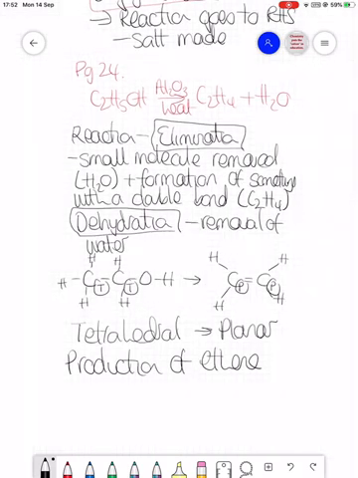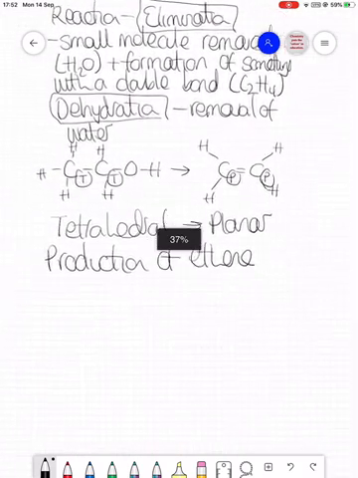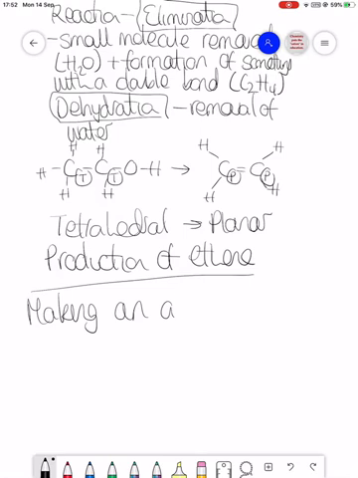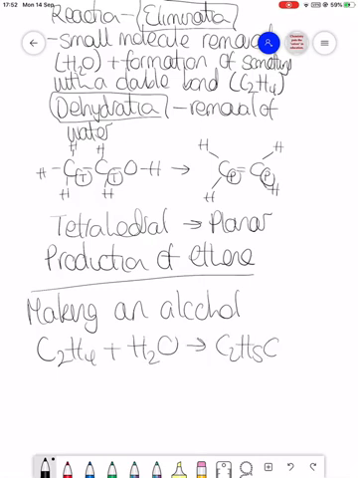So if we flip the other way and we now want to make alcohol, what type of reaction is this going to be? So we're flipping the equation above, and the only thing we're left with, so C2H4 plus H2O becomes C2H5OH.